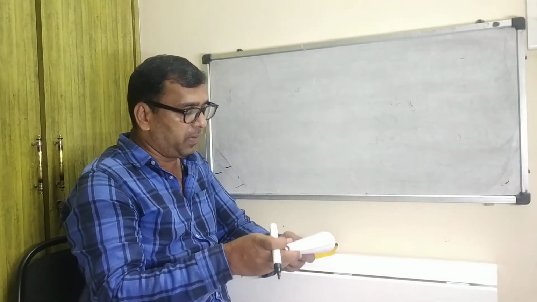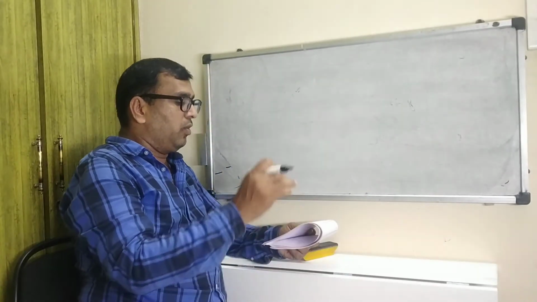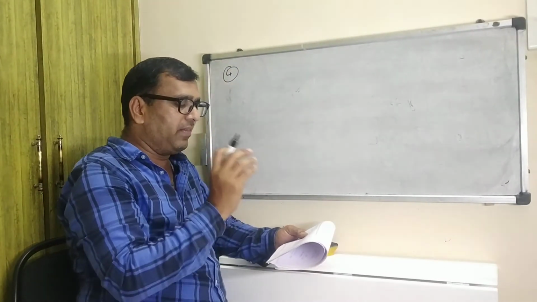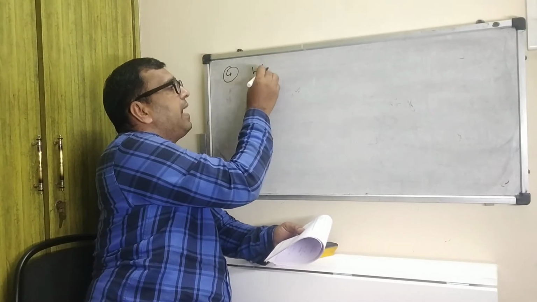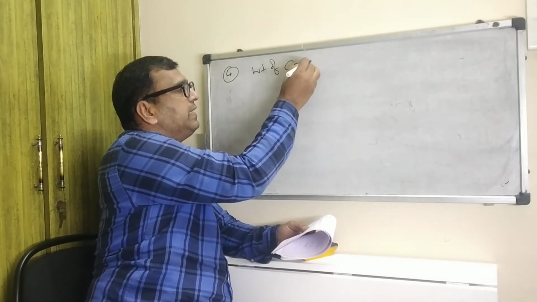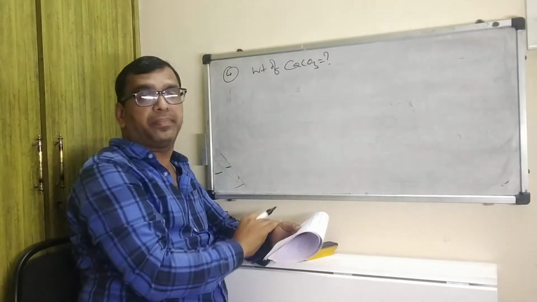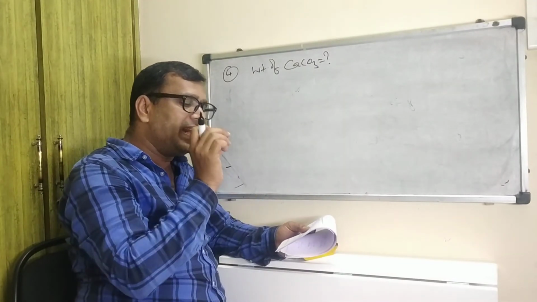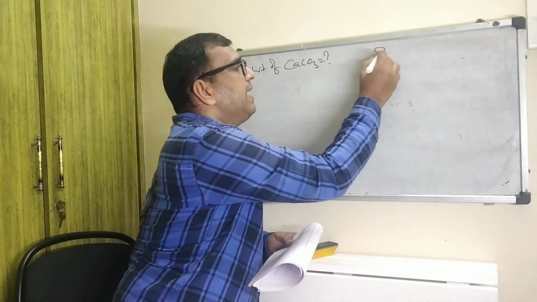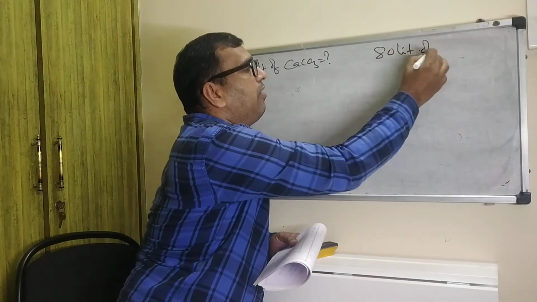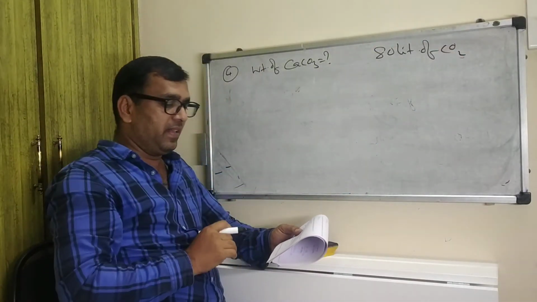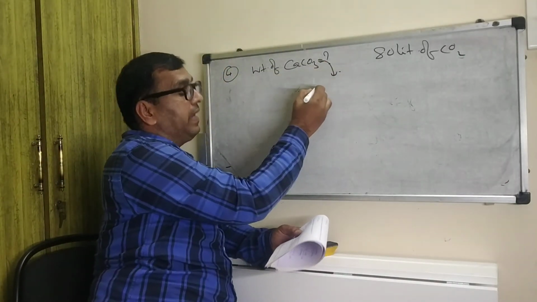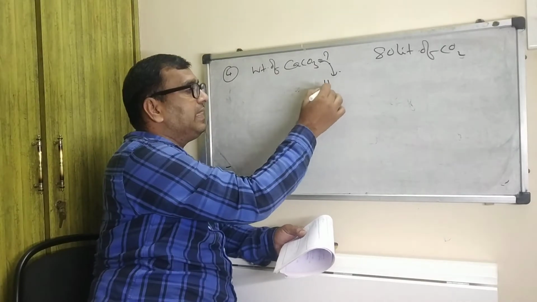So next problem, fourth problem. Calculate the weight of CaCO3 required to liberate 80 liters of carbon dioxide when it is dissolved in HCl.